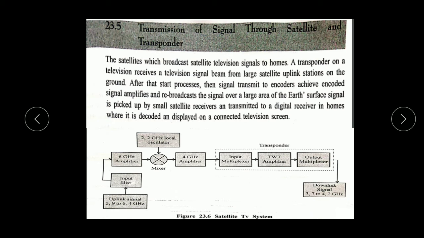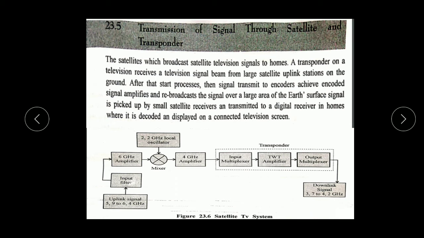Basically, this antenna has a parabolic structure. It receives the signal incident on the parabolic structure and reflects it back to a particular point. That point is called the focus. At the focus we add a detector. It detects the received signal and sends it to the TV receiver.